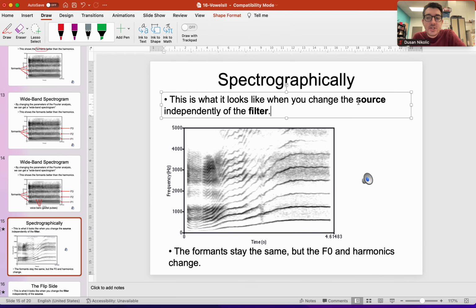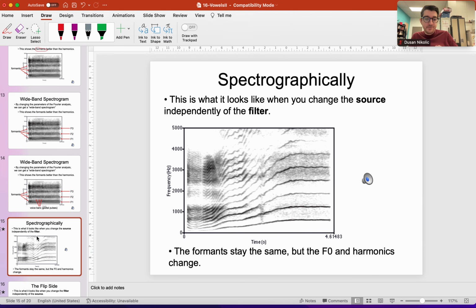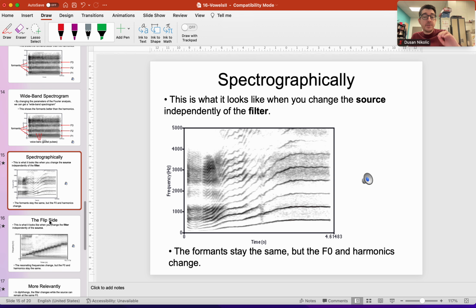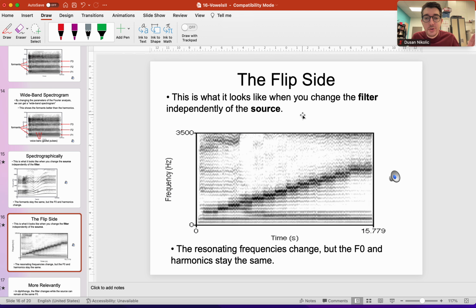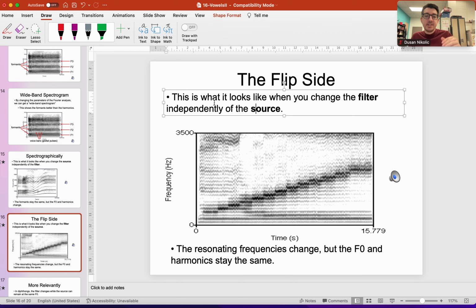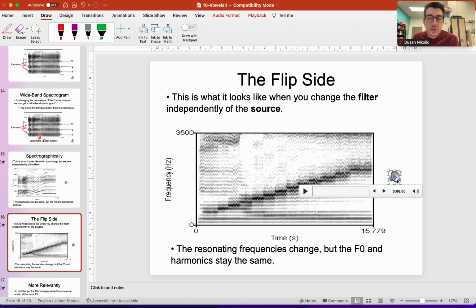That's how you can change source independently of filter. But the flip side of it, and I cannot do this one, okay? The flip side is you can change filter independently of the source. And we said the guy who is doing throat singing is amplifying certain harmonics.